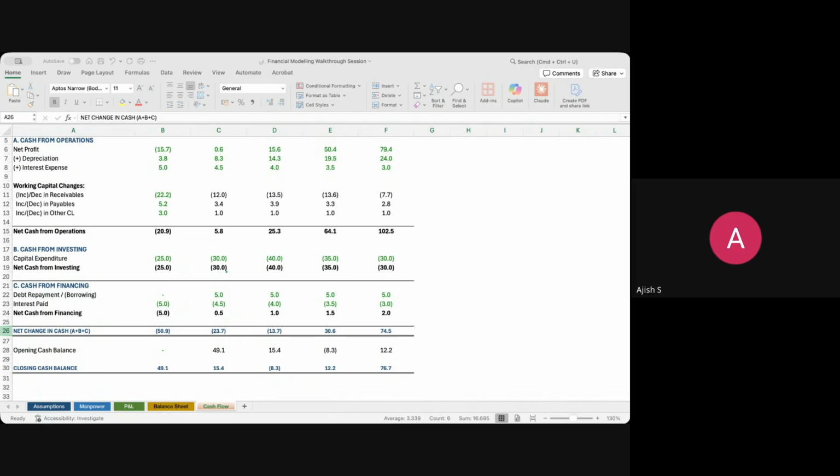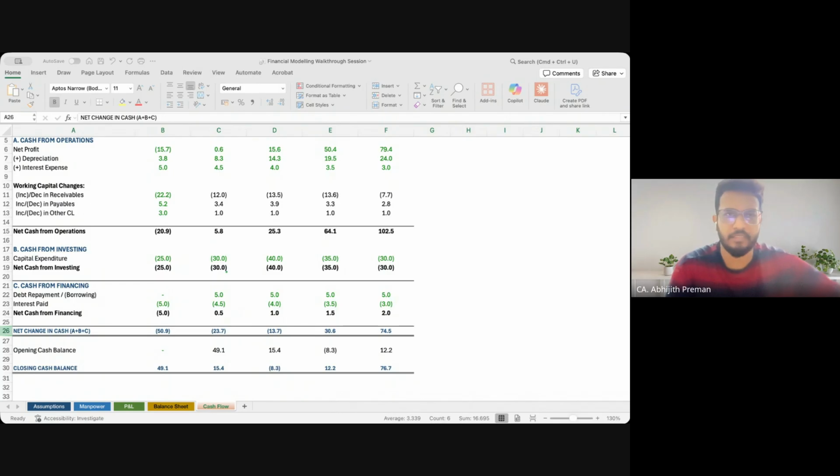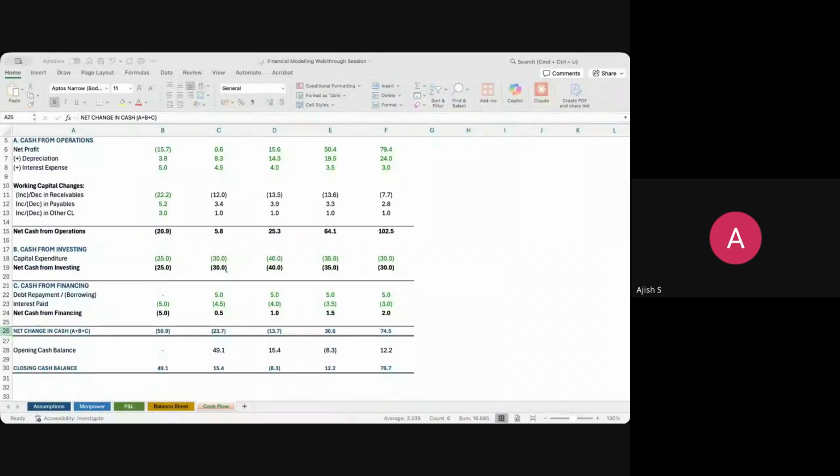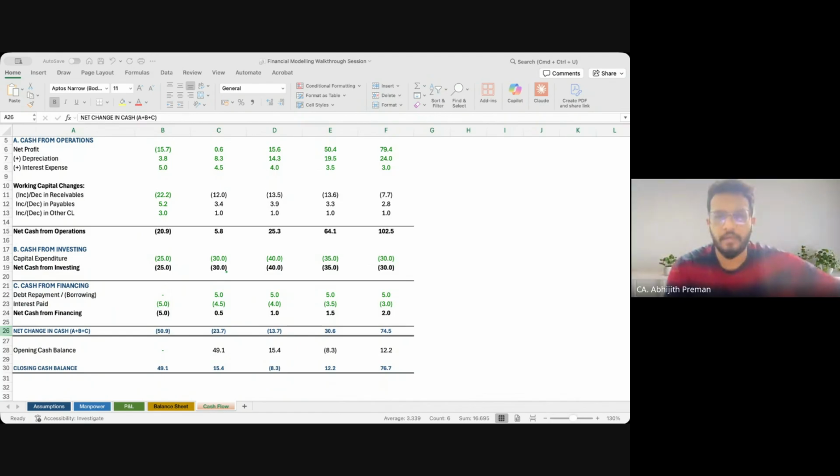That's not a challenge. To keep it simple, I haven't added the break-even analysis, sensitivity analysis, and all those things here. And in the P&L, the first year it was negative, then it increased. Am I correct? Correct.